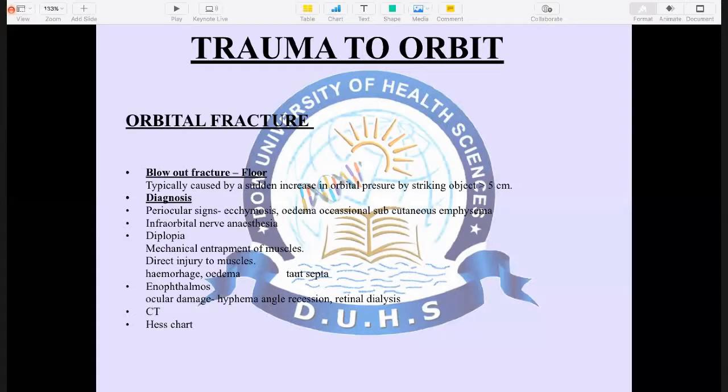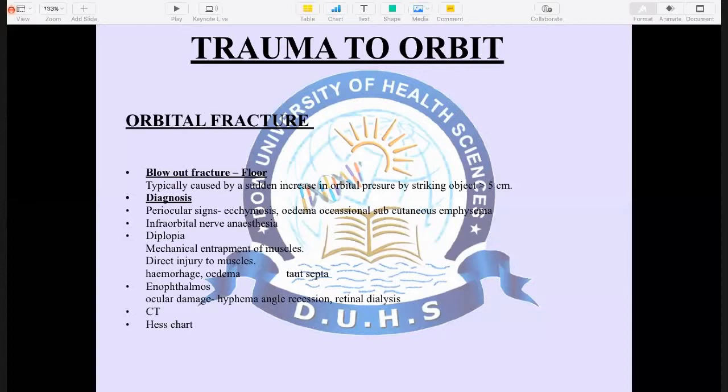Before we begin with orbital trauma, you should be aware of the boundaries of the eyeball, the walls that constitute the orbit. So the orbit comprises of the roof, the medial wall, the floor, and the lateral wall. The roof is made up of the orbital plate of frontal bone and the lesser wing of sphenoid.